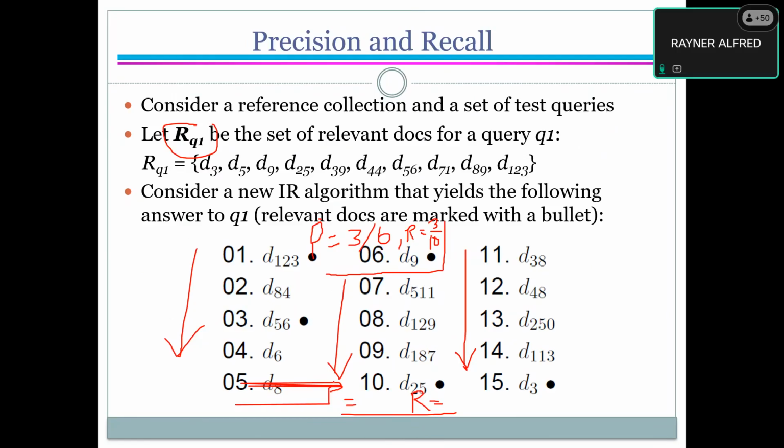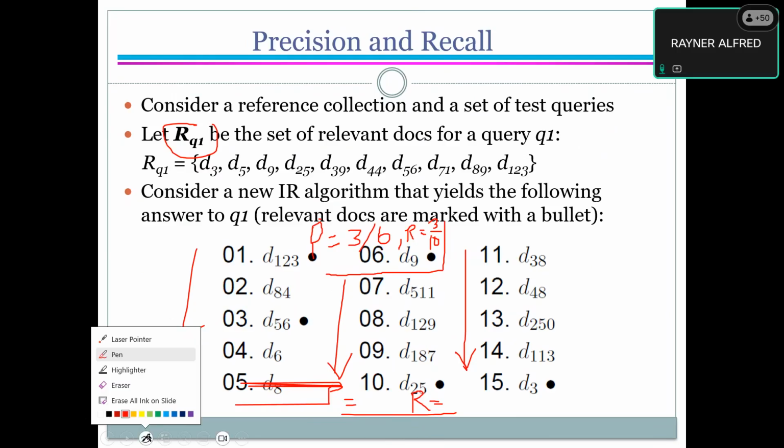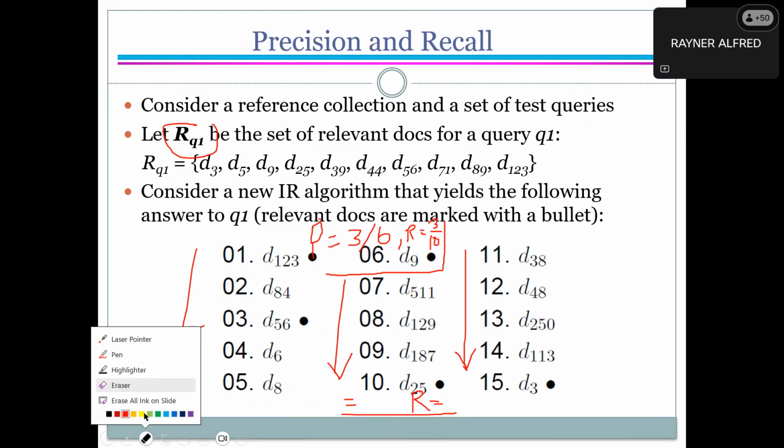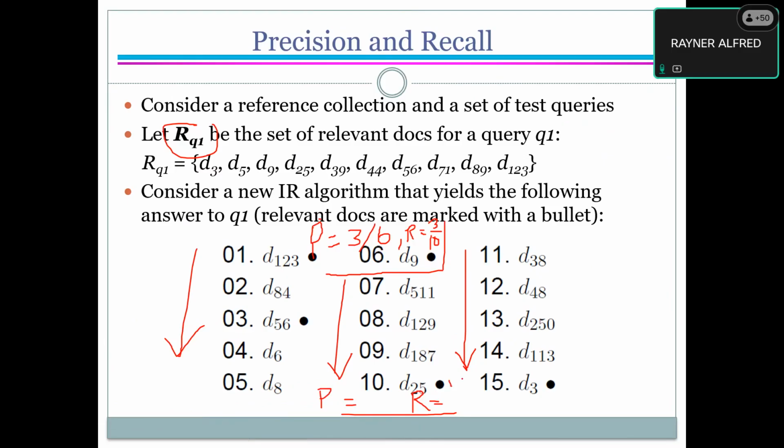What is our position here? Okay, 4/10 and 4/10. Because at this point we have how many answers we get? We get 10, and 4 of them are relevant. And for the recall, we have 10 documents, and only 4 are being recalled.